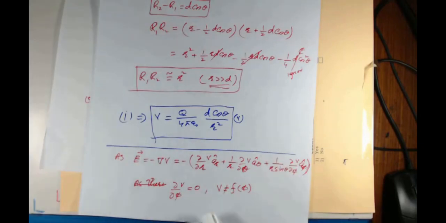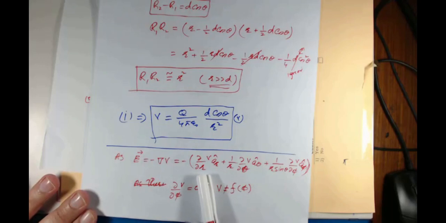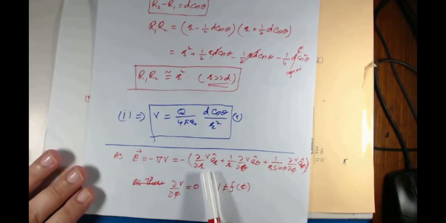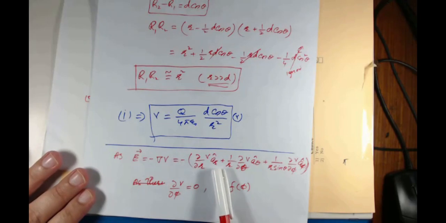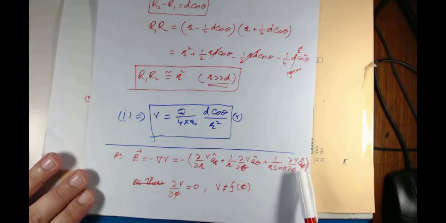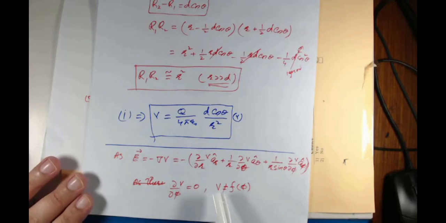So using the negative gradient of the scalar potential, expand this relation in the spherical coordinate system, which is equal to minus partial by partial r V a_r unit vector plus 1 upon r partial by partial theta V a_theta plus 1 upon r sin theta partial by partial phi V a_phi unit vector. As I told you, the resultant electric field due to an electric dipole is not a function of the phi coordinate.